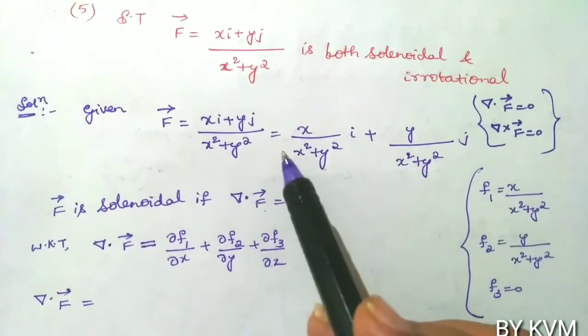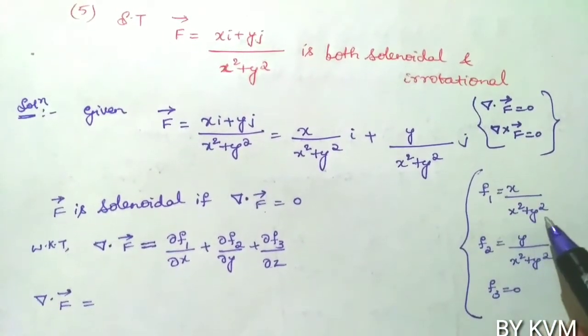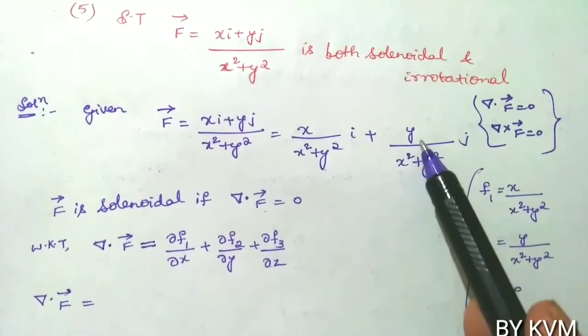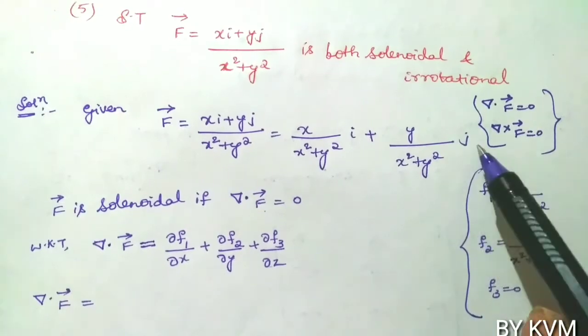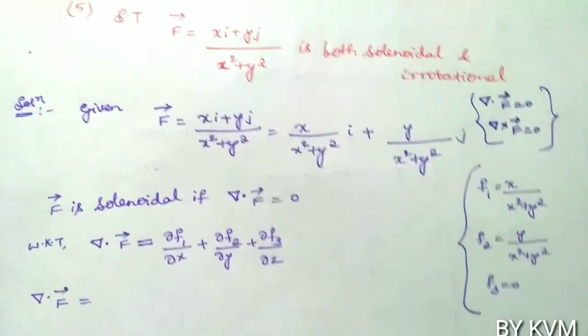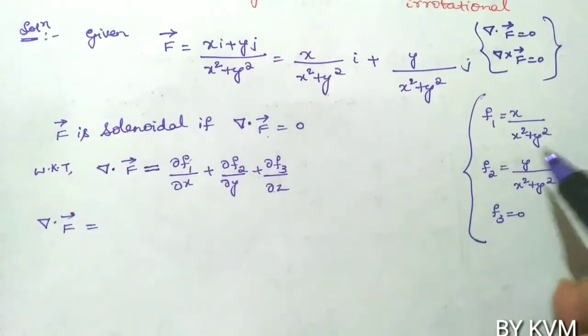So take the coefficient of i as f1, so f1 is x by (x square plus y square). Then the coefficient of j as f2, f2 is y by (x square plus y square). Then the coefficient of k, there is no k here, so f3 is 0.